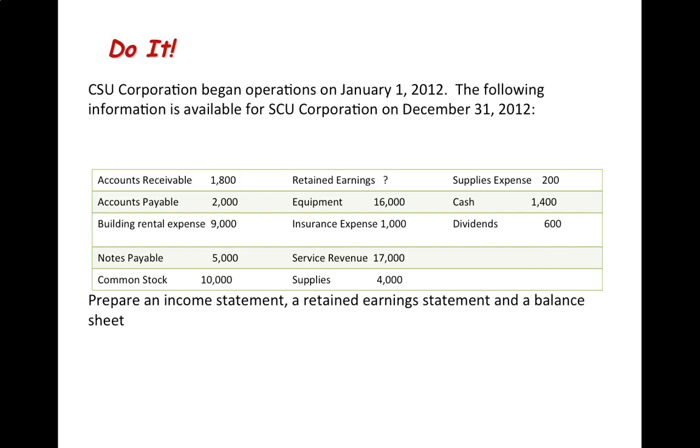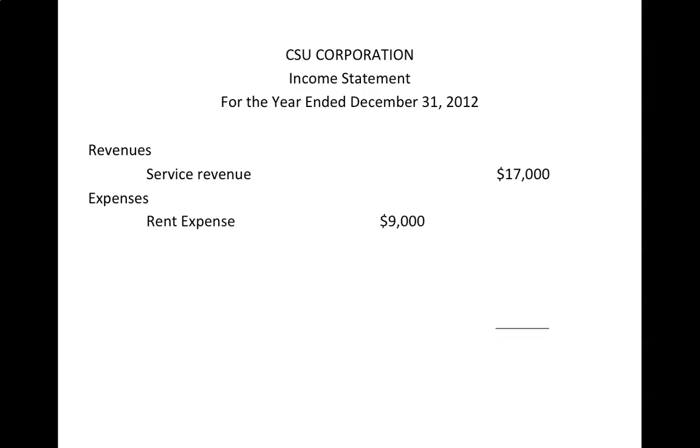It says prepare an income statement, a retained earnings statement, and a balance sheet. Every statement has a 3-line title. For the income statement, it's for a period of time. We always start out with revenues on the income statement. We only had one, the service revenue. Then we will list our expenses: the rent expense, insurance expense, and supplies expense.